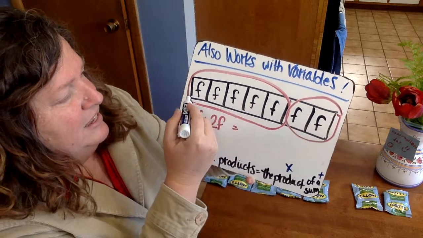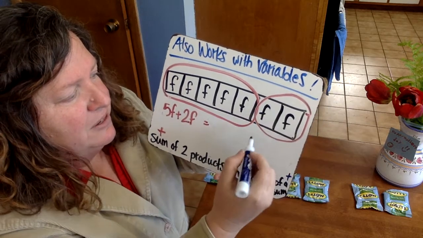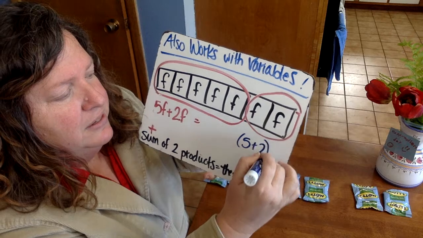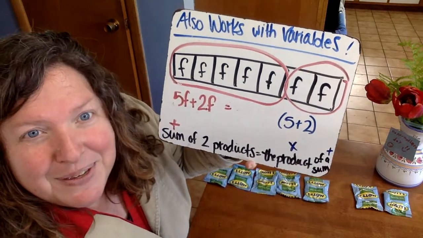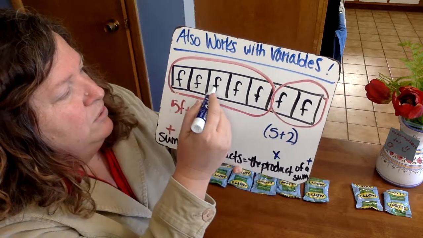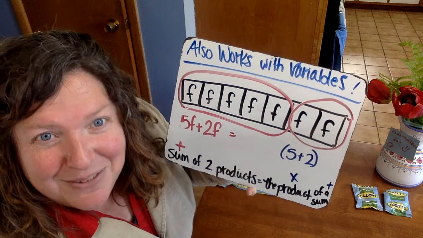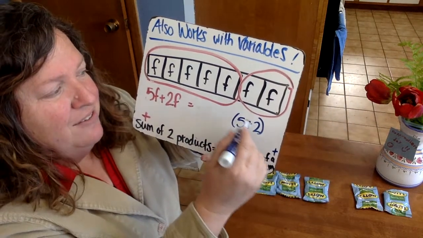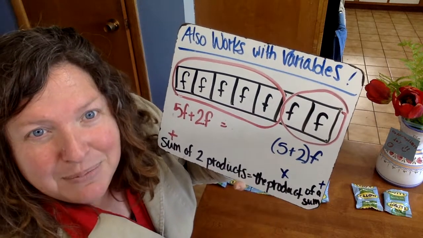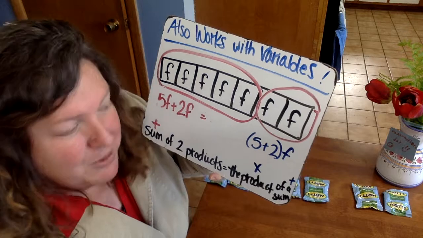So what if we did 1, 2, 3, 4, 5, 6, 7. So we did 5 plus 2 is 7. There's the sum, and a product means we're multiplying it by something. We're doing 1, 2, 3, 4, 5, 6, 7 groups of what? Of F. So we have 7 times F. Remember, if it's outside of parentheses, there's also that invisible multiplication sign.